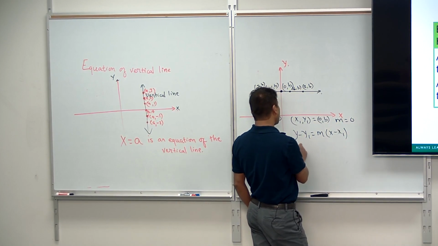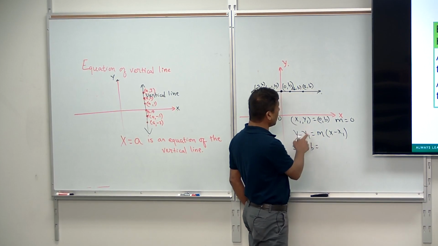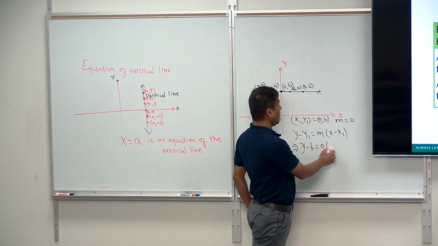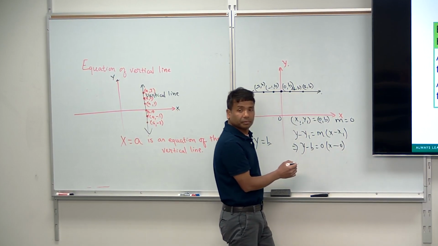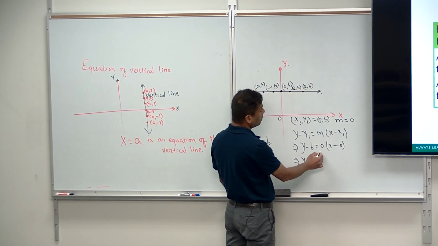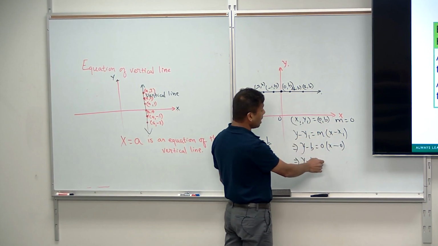So now you plug in here: y minus your y1, which is b, y minus b, equal to your m, which is 0, times x minus your x1, which is 0. So this is y minus b equal to 0 times whatever. On the right side, you'll have a 0. Is that right?